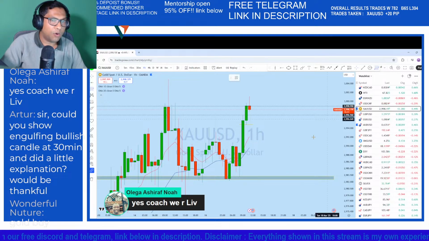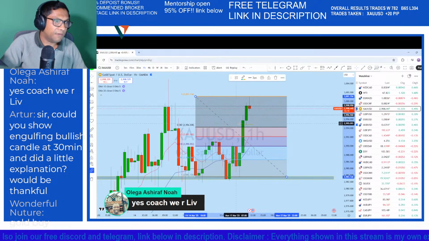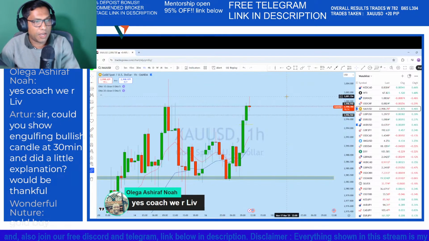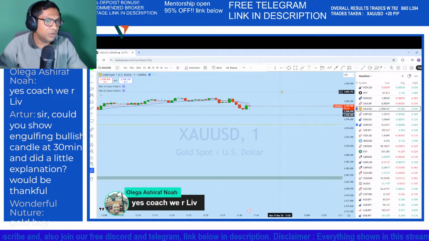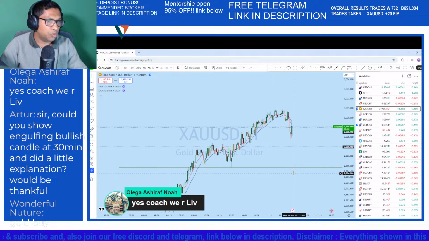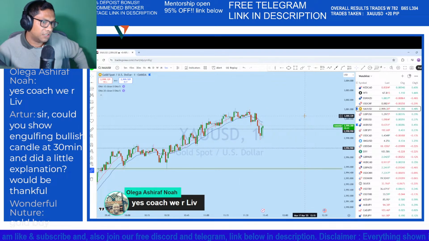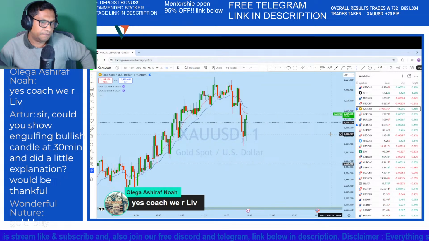If we look at the 1-hour Fibonacci from the starting of this move to the end of the move, we can see the market is approaching this 38.2% Fibonacci level. And with it approaching the 38.2% Fibonacci level, we can expect it to drop deep, grab liquidity, and then we can expect the market to potentially trend again in the major direction.